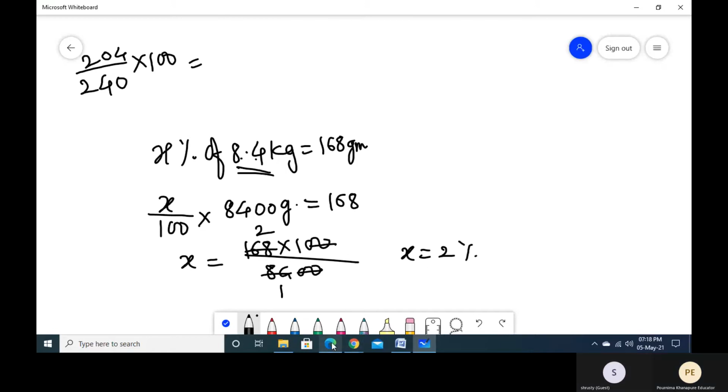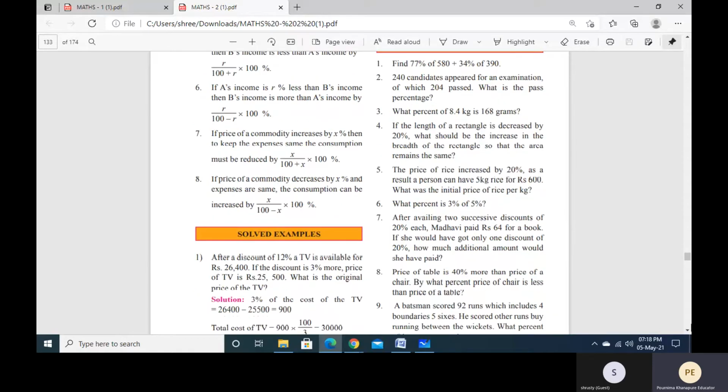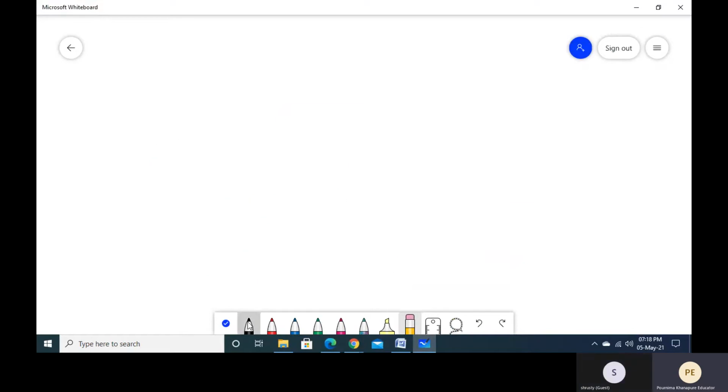Okay, then the next one. If the length of a rectangle is decreased by 20%, what should be the increase in the breadth of the rectangle so that the area remains the same? Now let's say x is the length of the rectangle and y is the breadth.